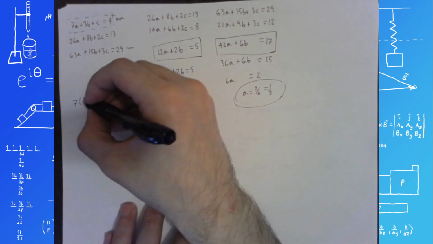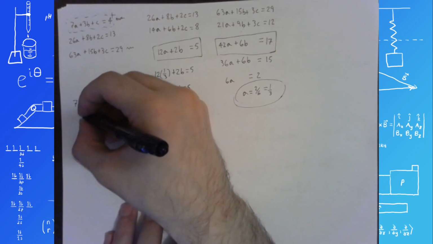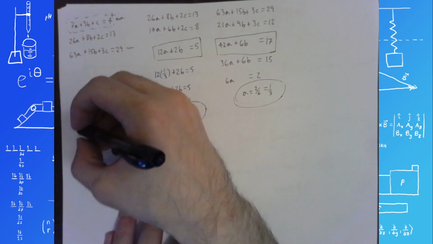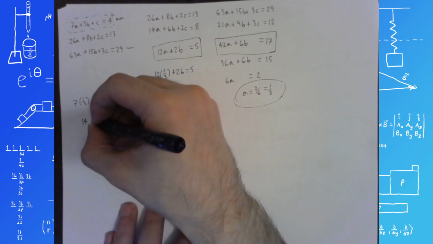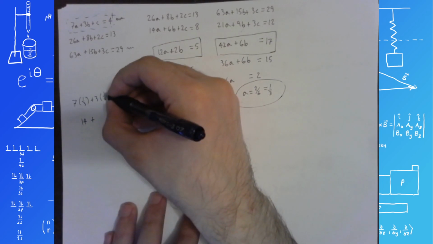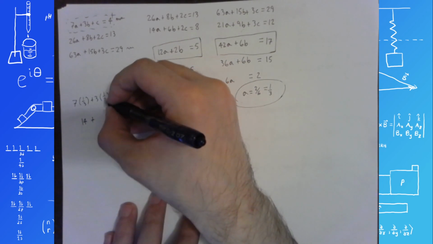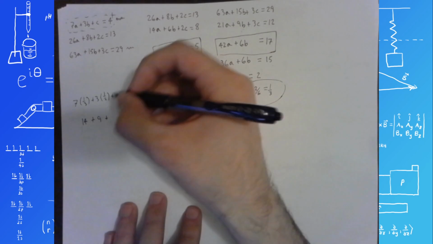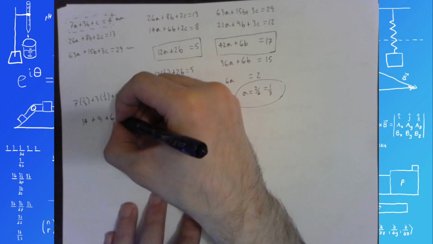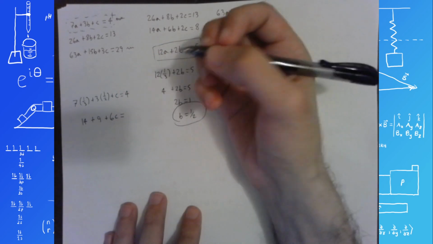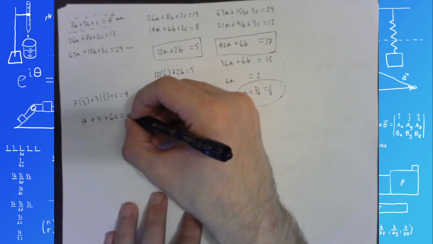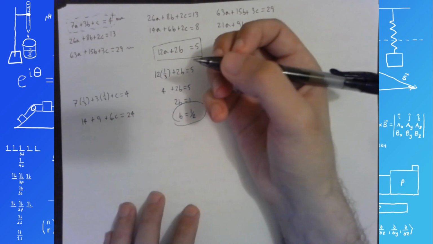So 7 times 1/3 times 6, 1/3 times 6 is going to be 2. So 2 times 7 is 14. Plus 3 times 1/2 times 6. 1/2 times 6 is 3, so 3 times 3 is 9. Plus 6 times c is equal to, I multiplied everything by 6, so that would be 24.